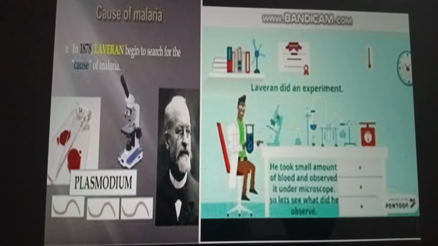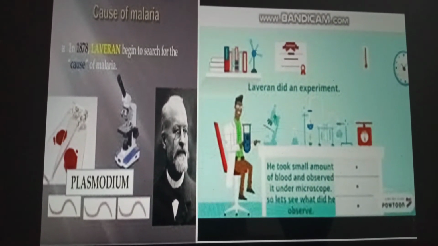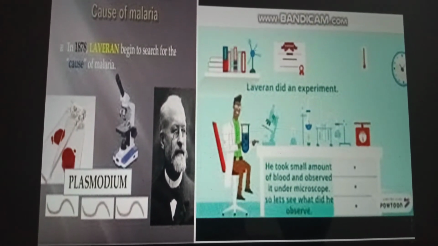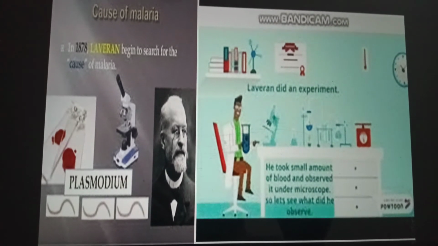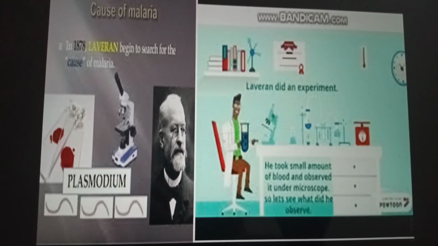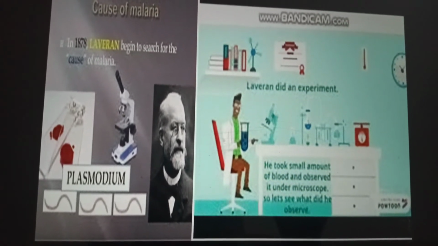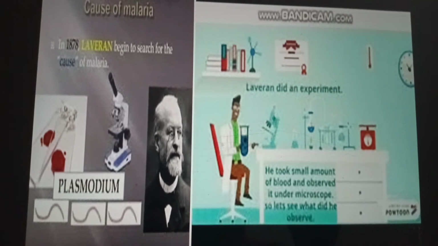Two years later, another physician saw the same creatures in the blood of another malarial patient. Three years after the second discovery, the same creatures were observed for a third time. The organism was given a name, Plasmodium.